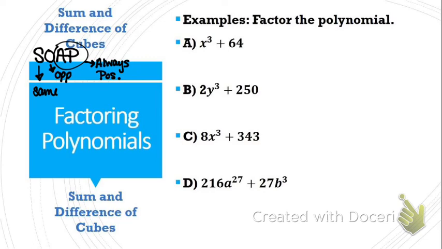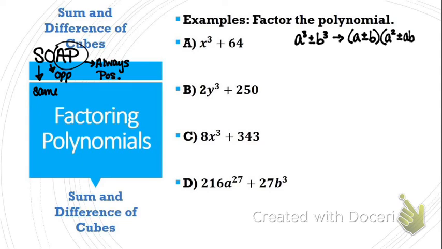So when we factor a sum or a difference of cubes, a cubed plus or minus b cubed, this is going to give me a linear a plus or minus b, and then a quadratic, a squared plus or minus ab.